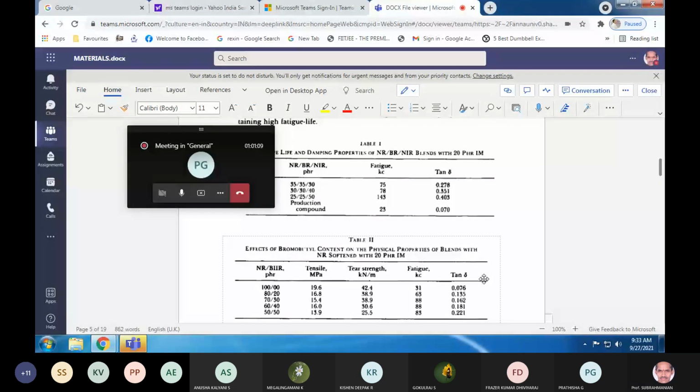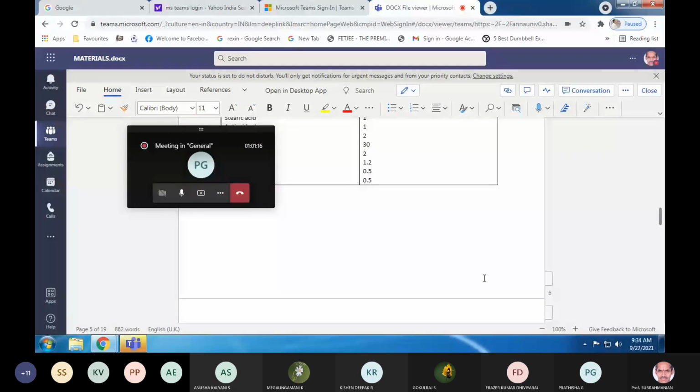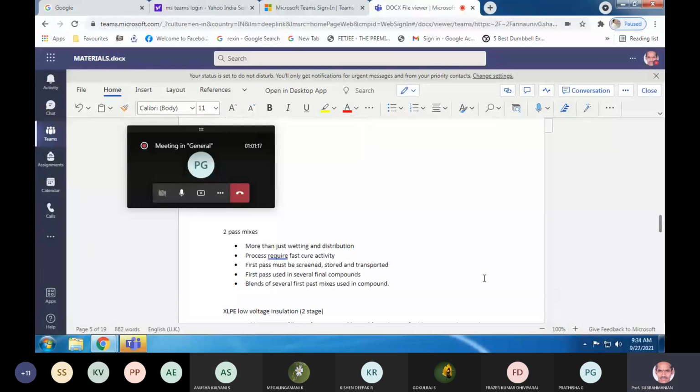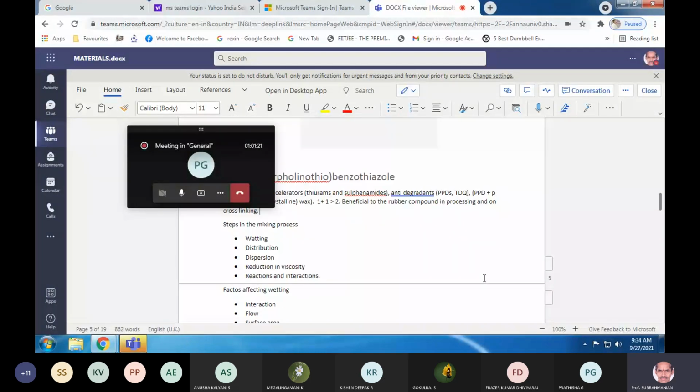So friends, we are going to look at certain formulations during the course of mixing, which forms a part of the process. Wetting, distribution is coarser, dispersion is finer. Right? The last one, reaction and interaction.